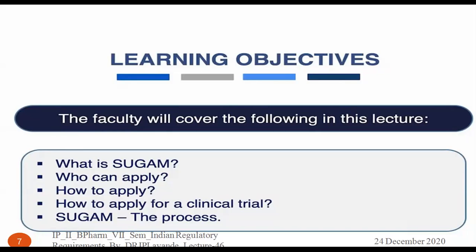So the Sugam portal is just for accepting applications and giving grants of approval to conduct clinical trials, whereas CTRI is the site responsible for registration of all kinds of clinical trials related to all kinds of drugs, right? So this is the major difference, and I want to make it clear from my side.